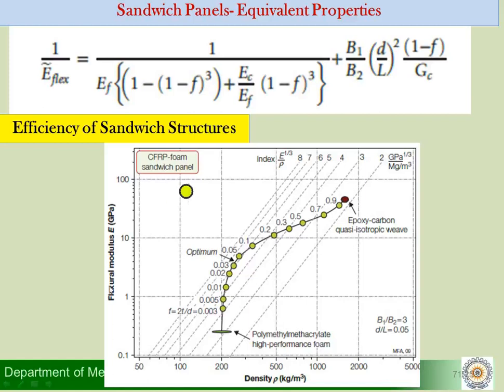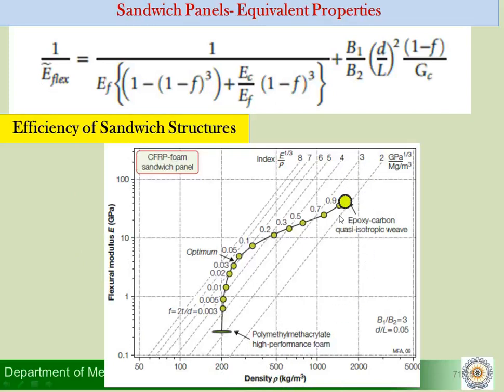So what it tells me, if you look at this chart, I'll just briefly explain, then go to the next slide. What we have done is plot the flexural modulus E, or E bar to be specific here, and density, so it is a modulus versus density chart.